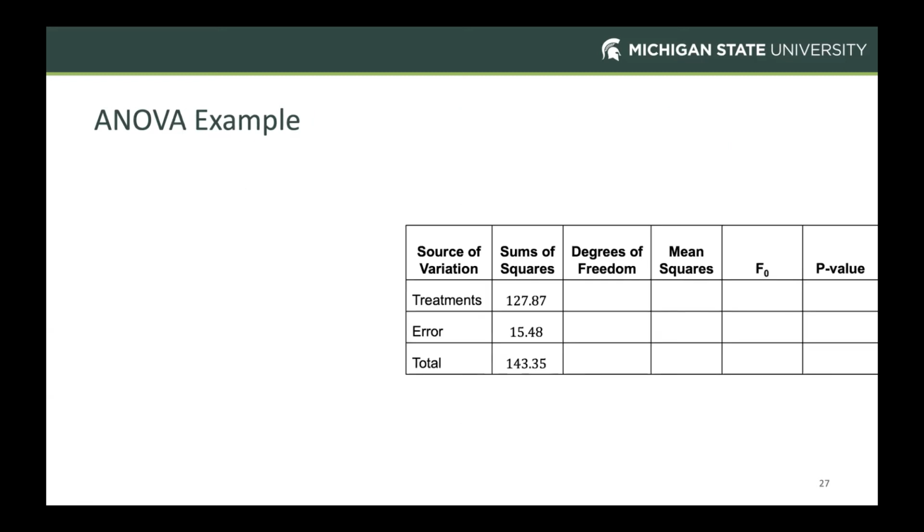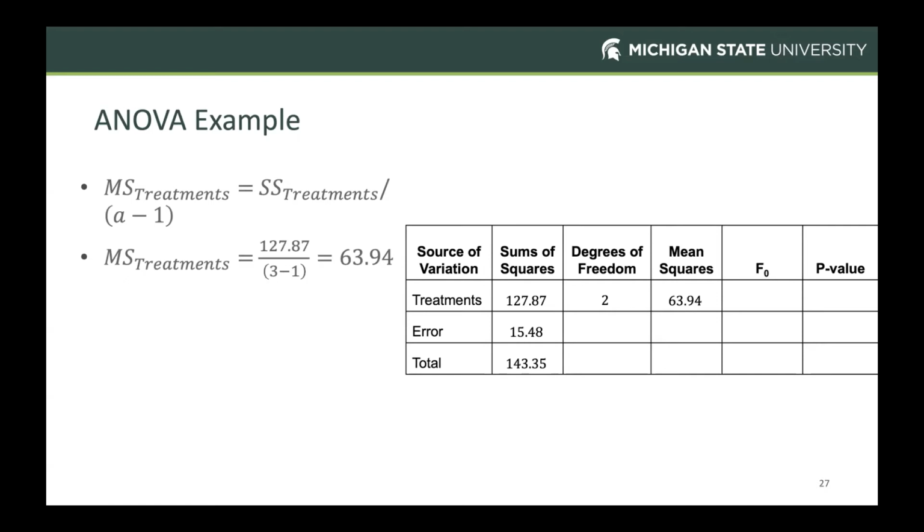Now from here, we can plug those corresponding values into our ANOVA table. We know our degrees of freedom for the treatment is simply going to be equal to a minus 1, and in our context, a, we have 3 groups. So 3 minus 1 is going to give us 2 degrees of freedom, which we can then use to calculate our mean square for the treatment.